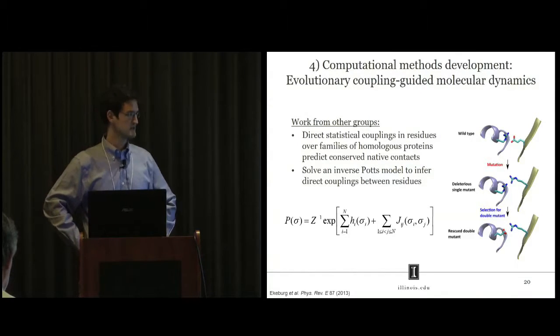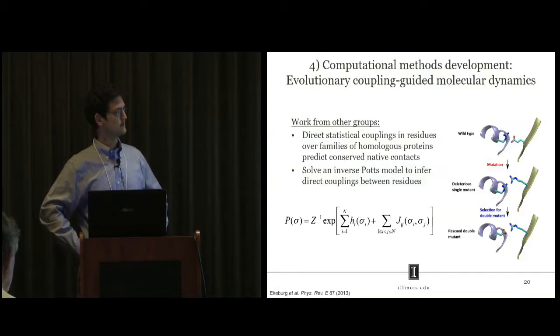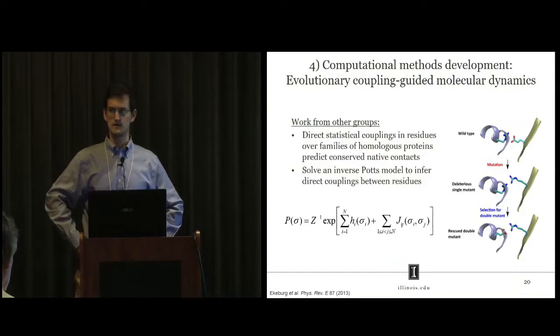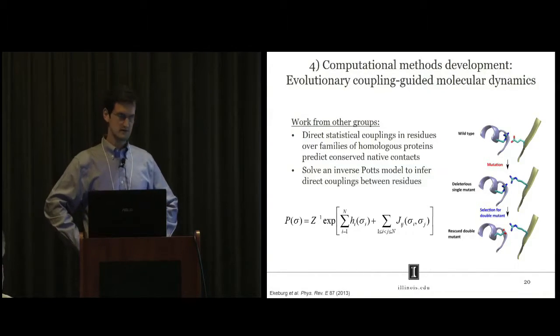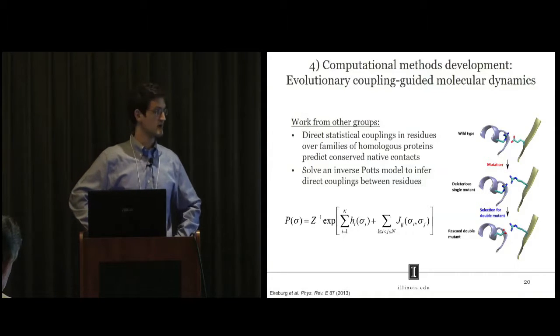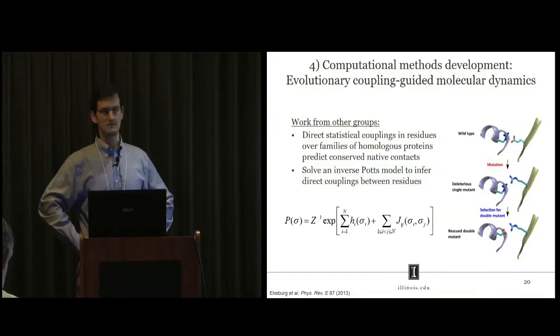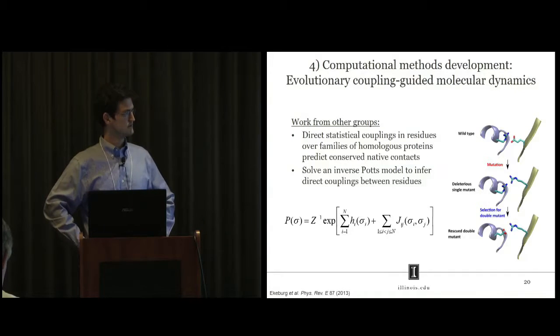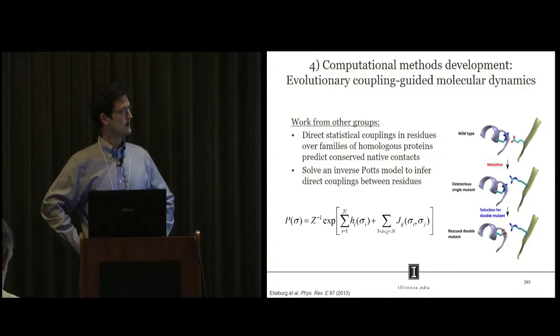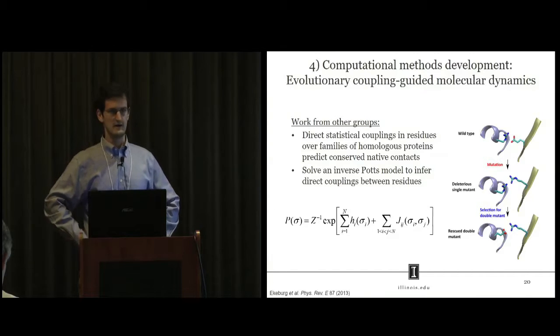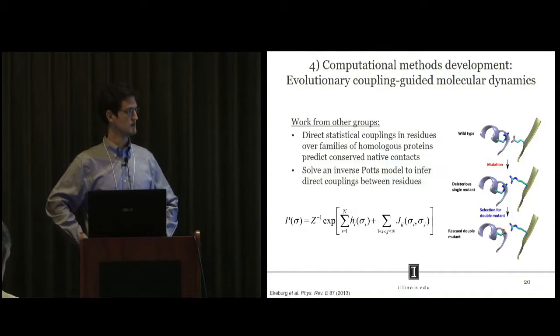So it arises because if you have a functional interaction between residues, and one of them mutates and disrupts that interaction, there's then a selection pressure towards a double mutant, to then rescue that interaction and rescue the function of the protein.